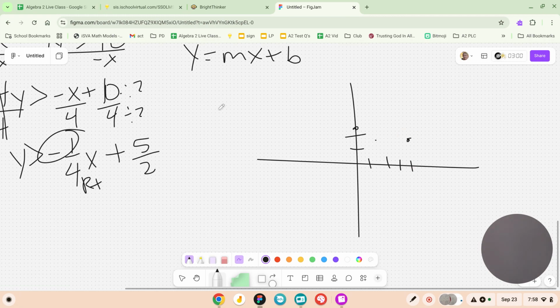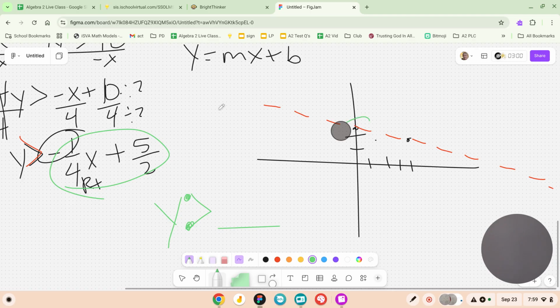This is a greater than sign, but it doesn't have an equal with it. So I'm going to make sure that it is dotted. And now here is the telltale. I have to say y is greater than all of this. So if y is greater, where does this cross the y?